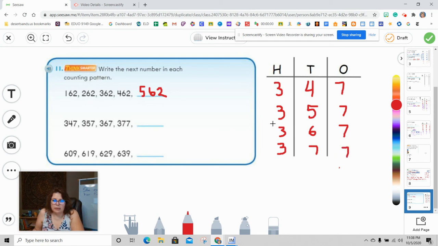So you see the pattern, the hundreds is the same, the ones are the same, and the tens are the ones that are adding by one more. So I already know it's going to be, let me change my color, 300, and this would be an 8 tens, and then the 7 ones stays the same. So this would be 387.